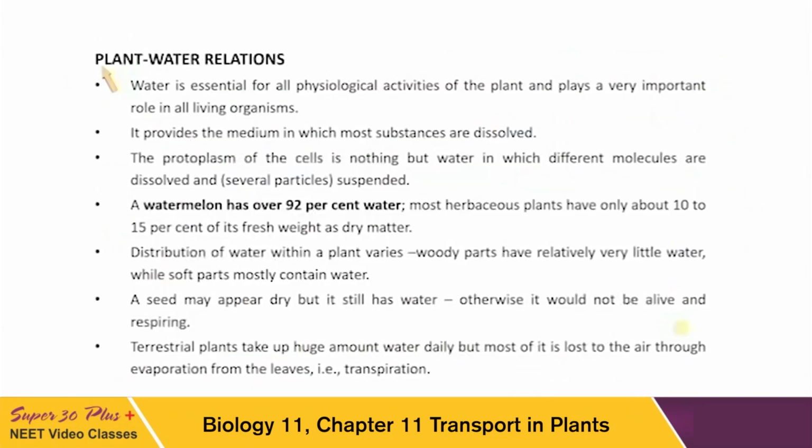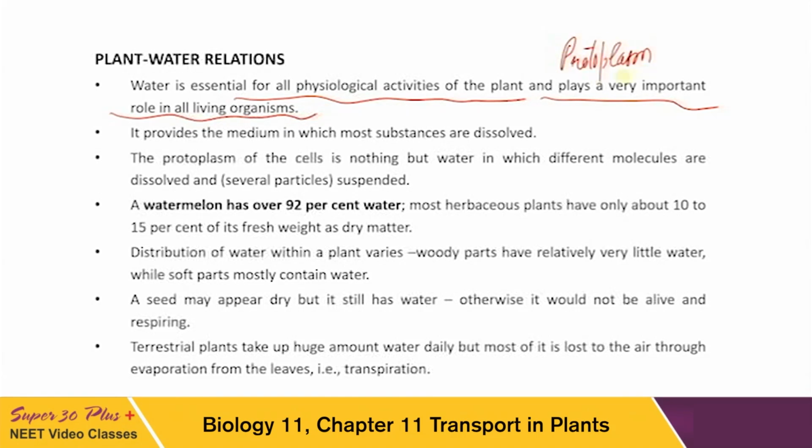Come to the next now. We have to see plant-water relationship. Yes, we all know that water is essential for all physiological activities of a plant, and it plays a very important role in all living organisms. The protoplasm of living cells has a good amount of water.